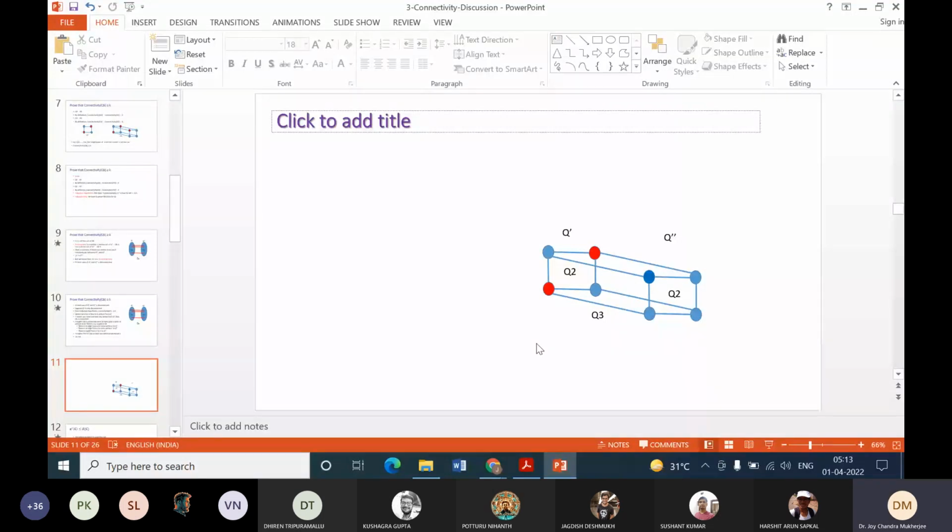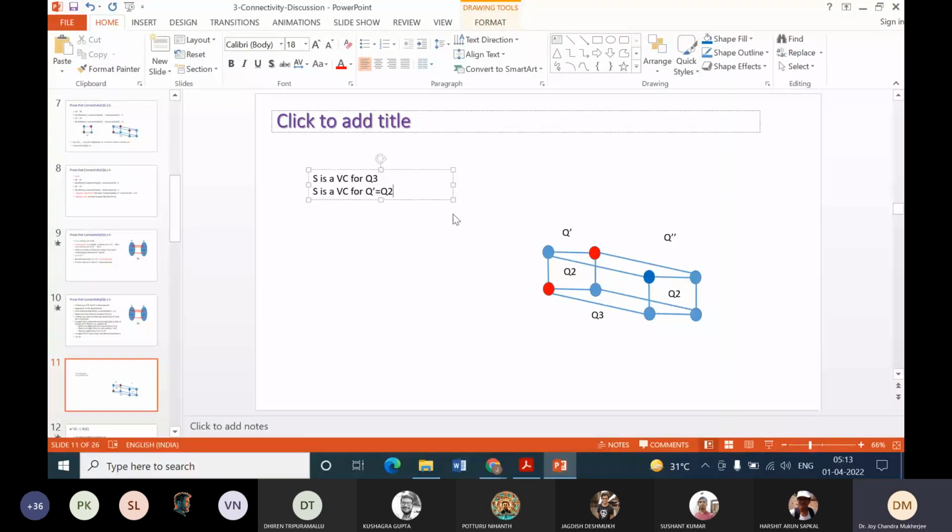Now it says that suppose S doesn't have any vertices from this Q double prime. So what we have told here, S is a vertex cut for Q3. Also, suppose S is a vertex cut for Q prime, which is nothing but equal to Q2.